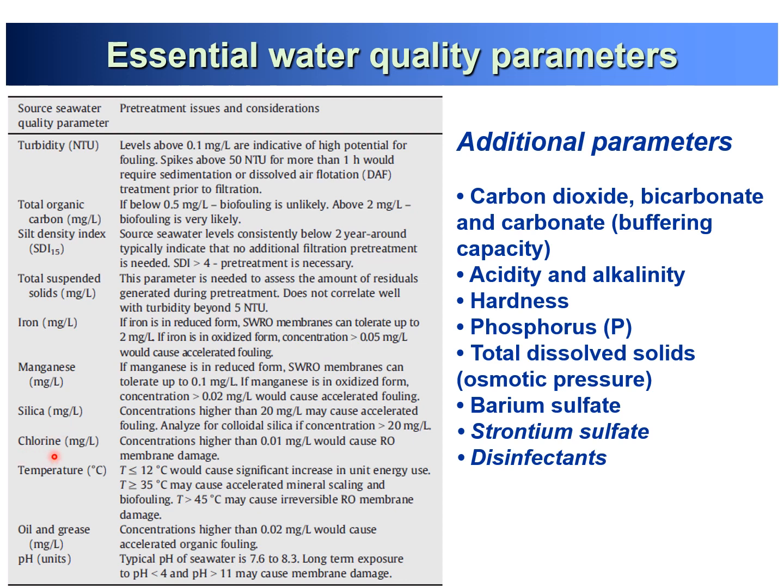And chlorine concentration higher than 0.01 milligrams per liter would cause RO membrane damage. As I mentioned last class, chlorine is an oxidizer, so it can damage the RO membrane polymer.